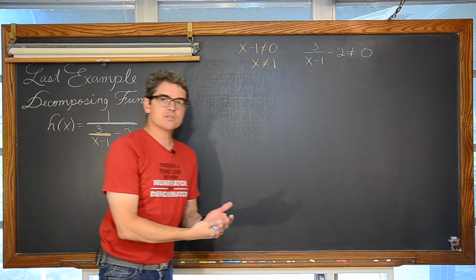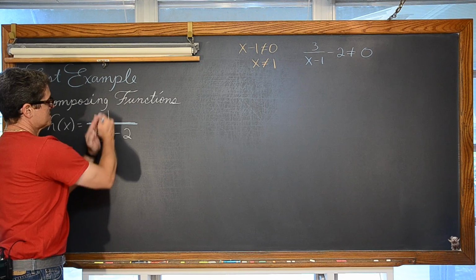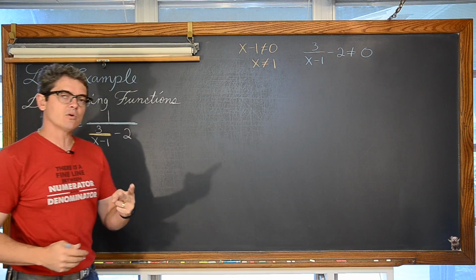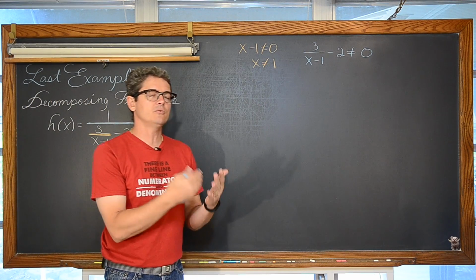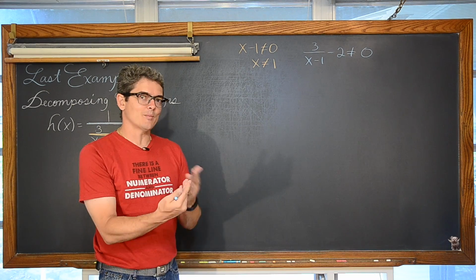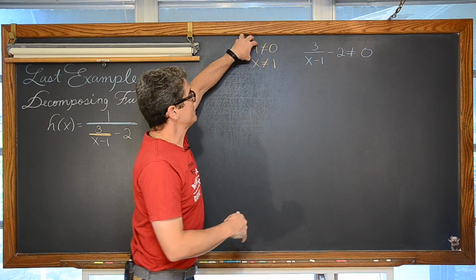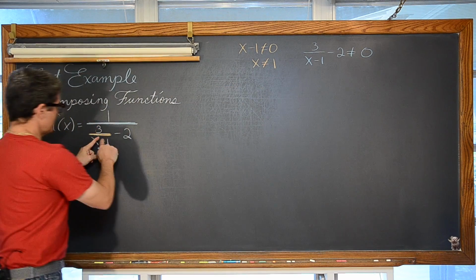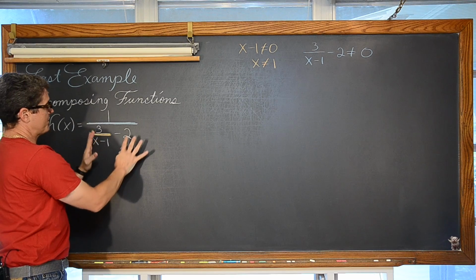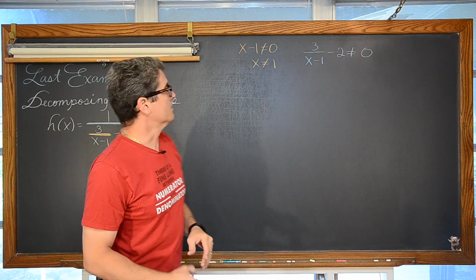So two fraction bars, sort of like a rational function inside of another rational function. Two fraction bars means potentially two times that a denominator can be equal to 0. And you need to account for that entire denominator, whether it's just this little bit x minus 1 or this whole thing underneath the blue fraction bar. Those cannot be equal to 0.